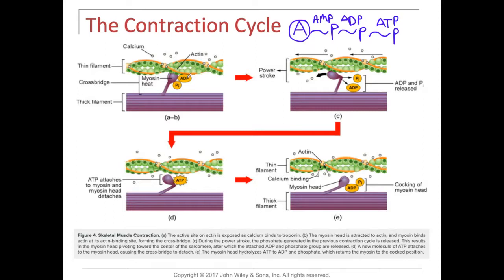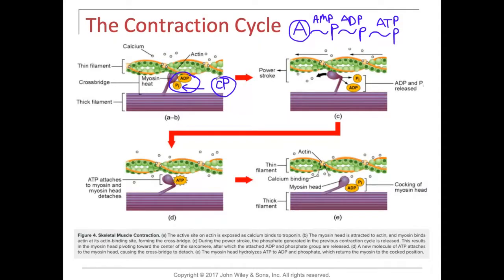ATP. Okay, so right here on the top left, we see that we have adenosine diphosphate with a phosphate hanging out right next to it. Now, usually when you see a phosphate hanging out next to it, it's actually called CP, which is creatine phosphate. Phosphate binds to creatine.